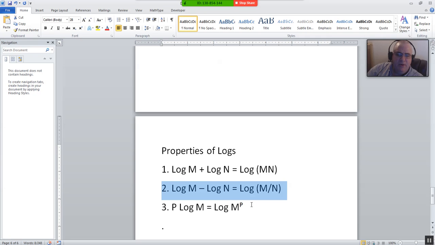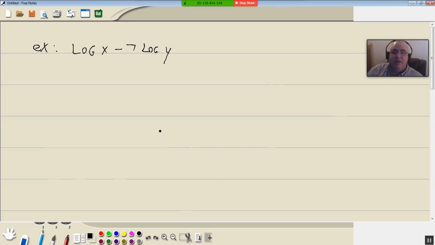Well, the only time you can use these first two properties going the other direction is when you have log of something plus log of something, and log of something minus log of something. You cannot have any numbers in front of your logs. So before you can apply properties 1 and 2, you have to apply property 3 and get rid of any numbers in front of the logs. So here, I'll take this 7 and put it as my power.